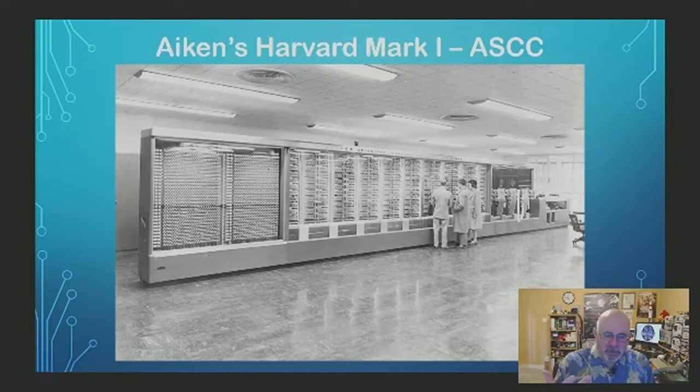And with cooperation from IBM, Harvard University, under the lead of Howard Aiken, put together what we know as the Harvard Mark I, or ASCC. ASCC means Automated Sequence Control Calculator. So it was a big electromechanical calculator, like the one that Konrad Zuse put together in Germany, but this one was massive.